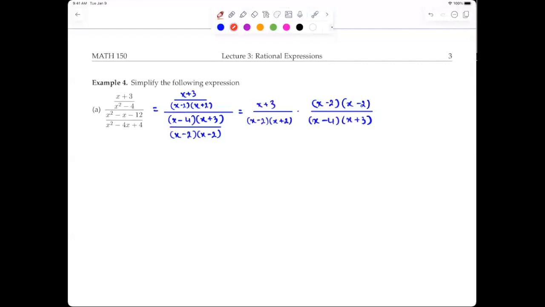Here you get that x minus 2 different from 0 implies that x different from 2. X plus 2 different from 0 implies that x different from negative 2. X minus 4 different from 0 implies that x different from 4. X plus 3 different from 0 implies that x different from negative 3.